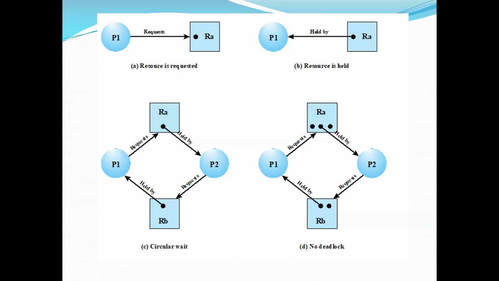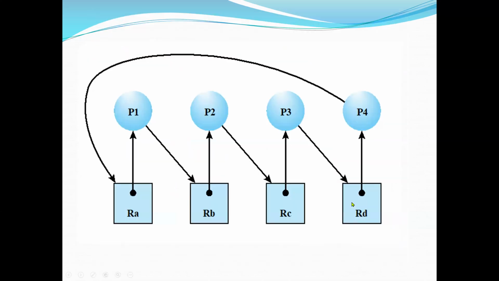So we may have the idea of, again, circular waiting. But in this case, there's no deadlock because multiple units of each resource are still available. And that's the whole concept here.